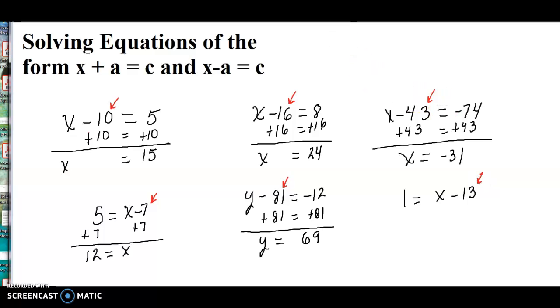And now the only way I can get rid of that 13 is to add 13 to both sides of the equation. And 1 plus 13 gives me 14. I have x, and minus 13 and plus 13 gives us 0. So we're saying 14 is equal to x.